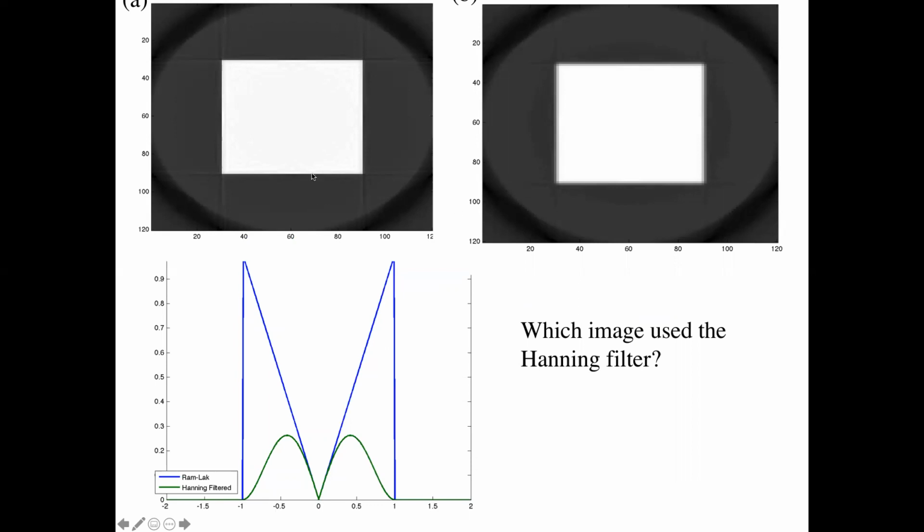So we can see here with this filter, if I had a rectangular object, I would get this picture. And then when I use the Hanning, which is a smoothing filter, I use that down here, the edges get softened up. Right?